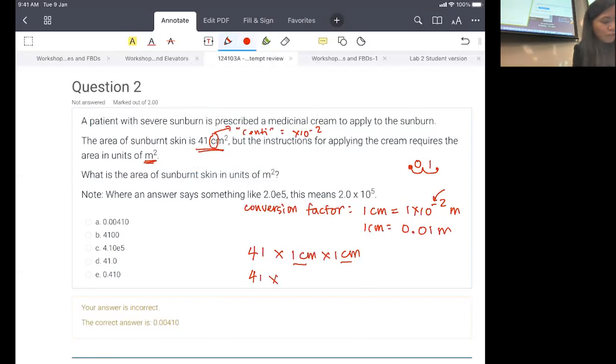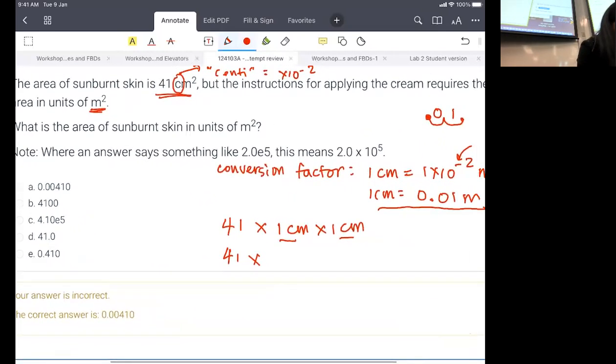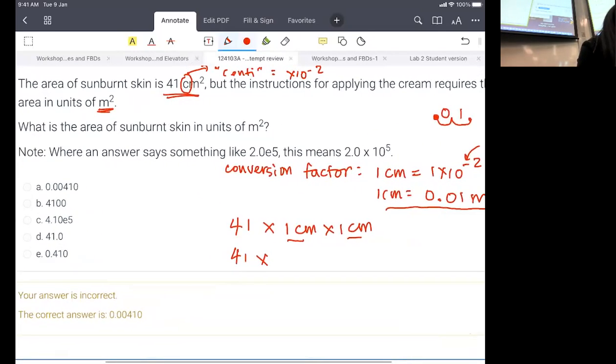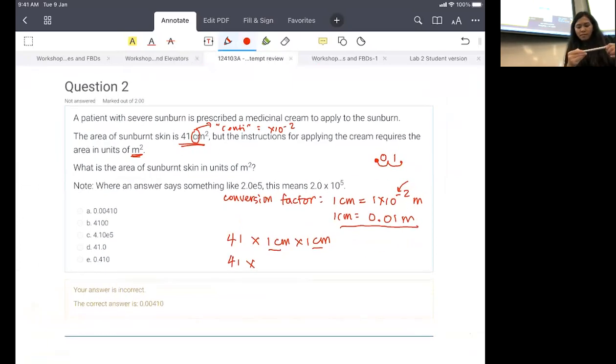Use your conversion factor. 1 centimeter equals 0.01 meters, which means you can replace 1 centimeter with 0.01 meter times 0.01 meter.